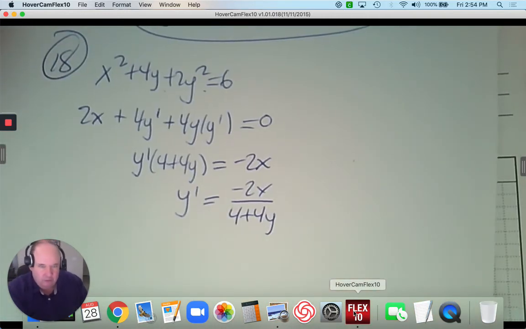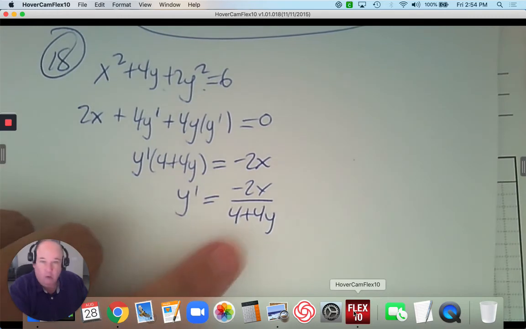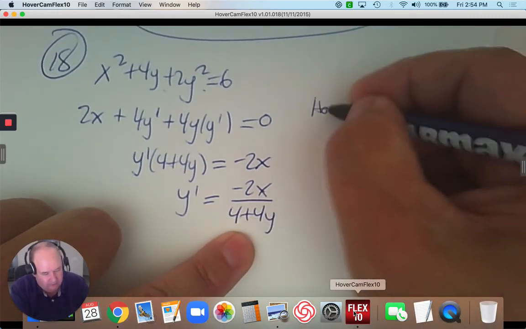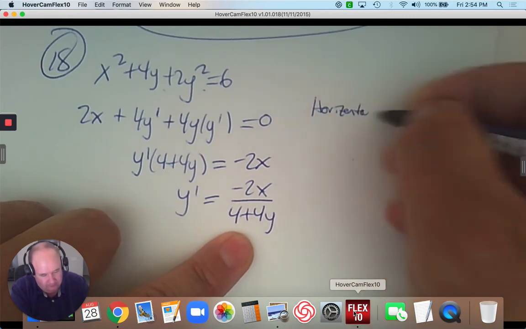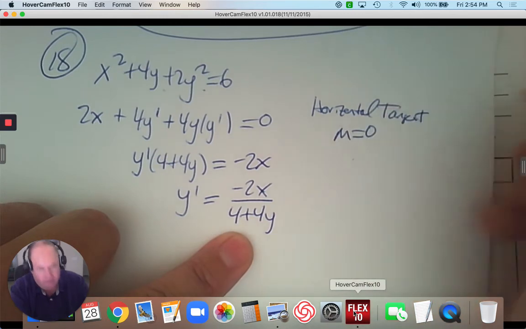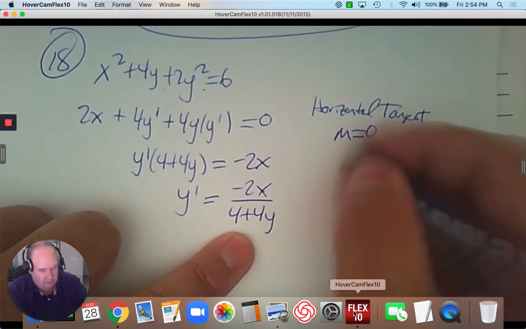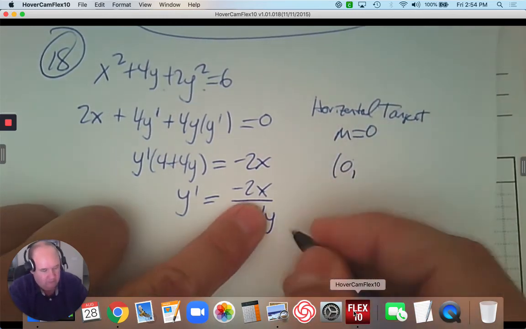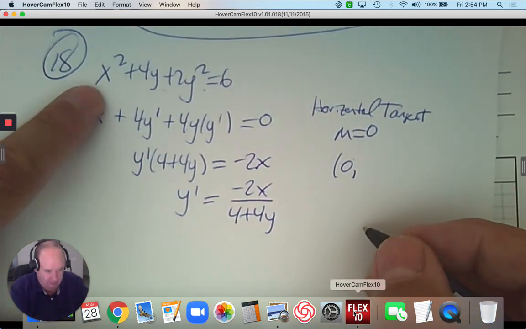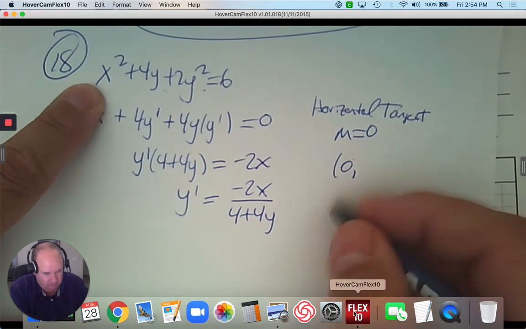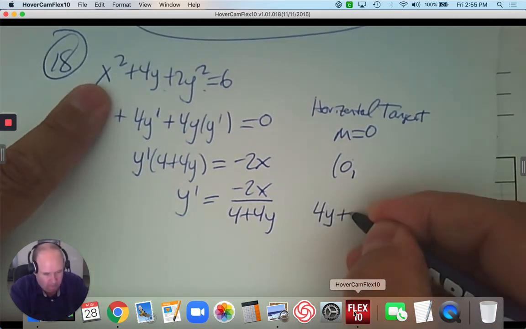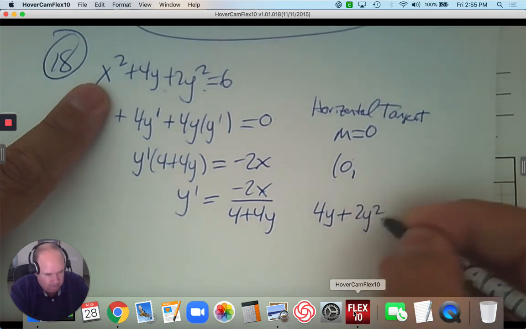The first question was, where are there horizontal tangents? Horizontal tangent means a horizontal line, means the slope is 0. So if I made this equal to 0, when the x is equal to 0, everything is 0. But then I'd have to come back here and plug in 0 for x and solve it. If I plug in 0 for x, I'm left with 4y plus 2y squared equals 6.